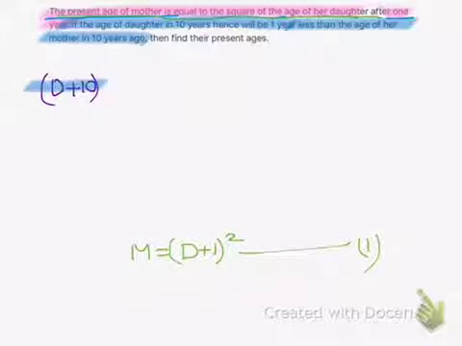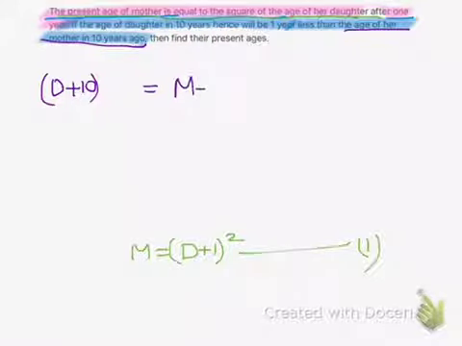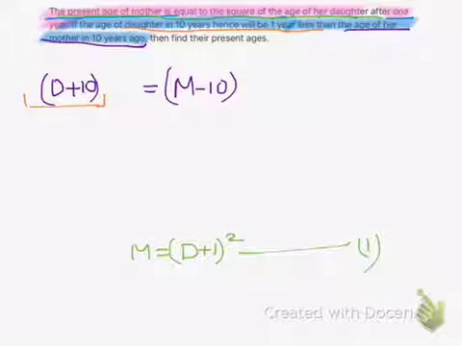Here D plus 10 represents the age of daughter in 10 years hence, and the age of her mother in 10 years means M plus 10. Still, the age of daughter is 1 year less, which means this part of the equation is less than the right hand side of the equation.